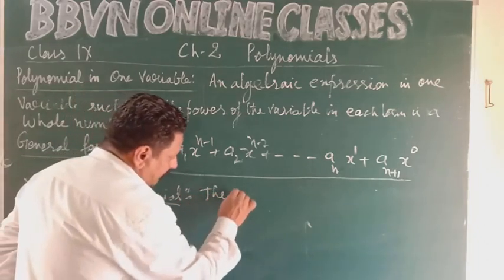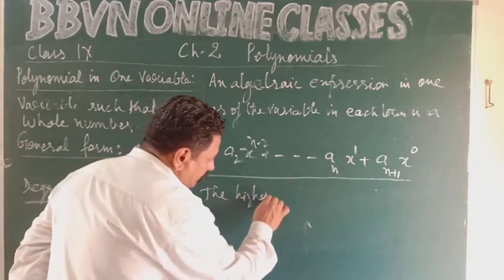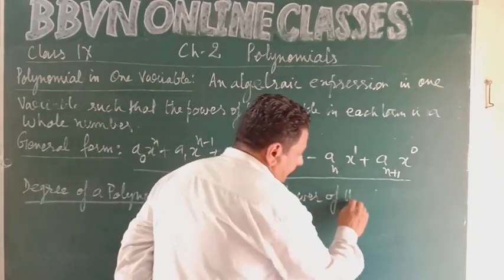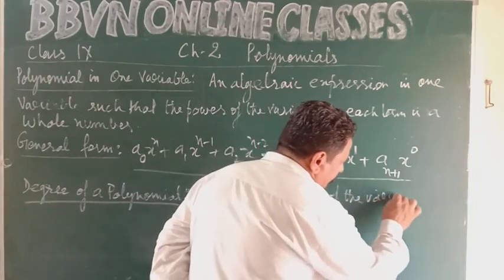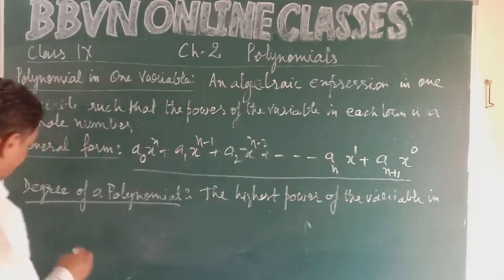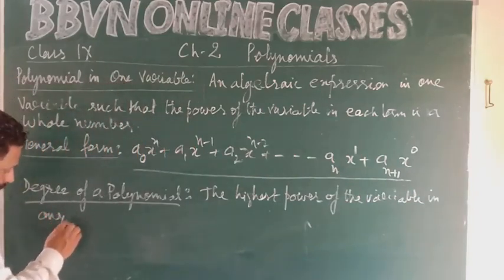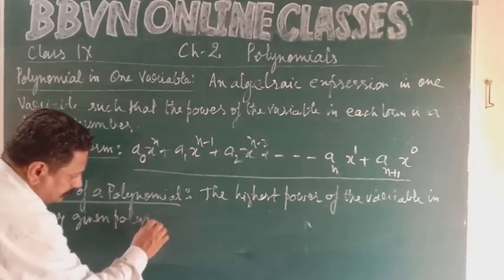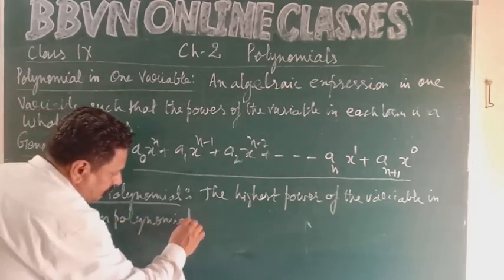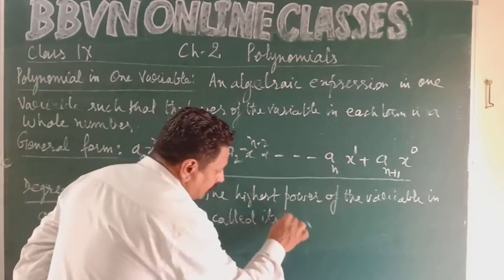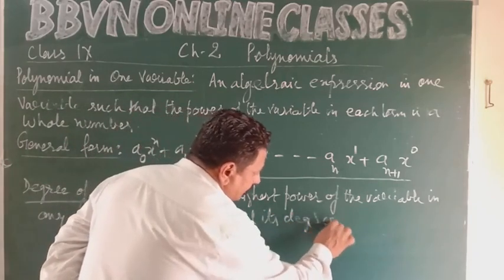The highest power of the variable in any given polynomial is called its degree.